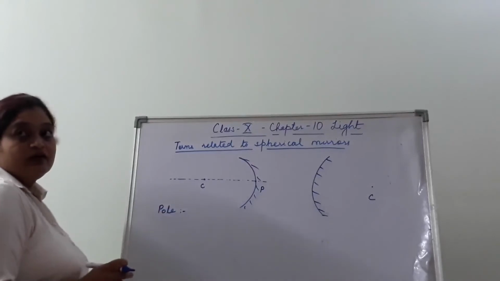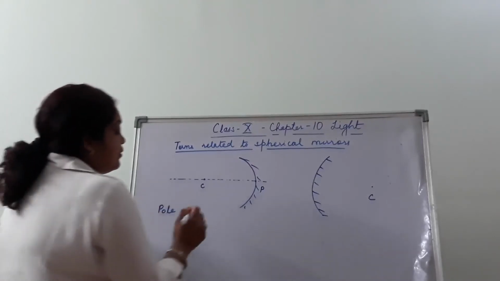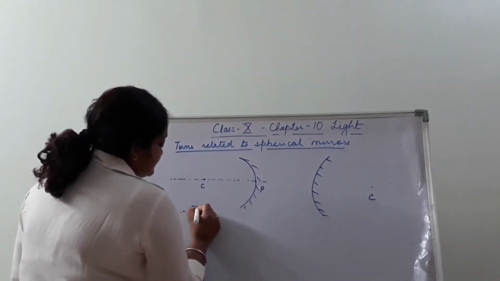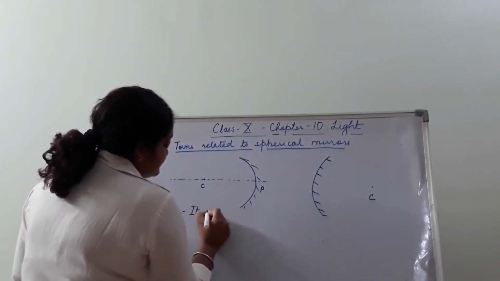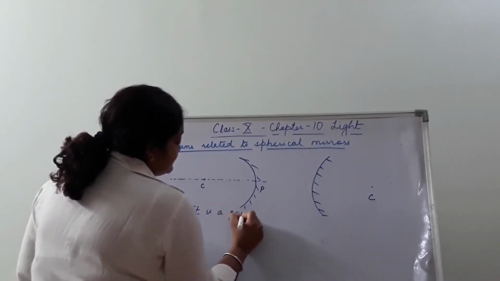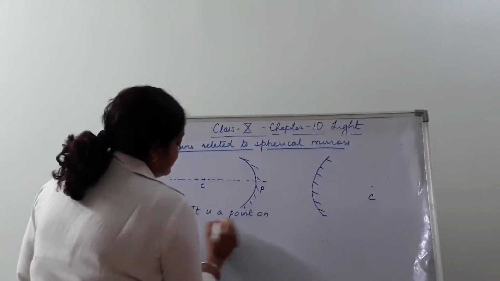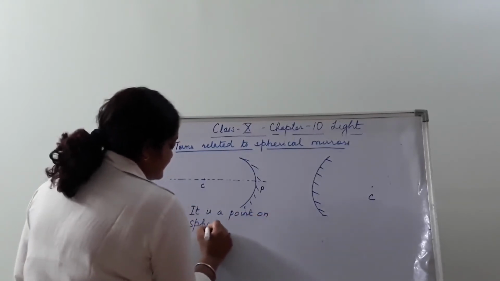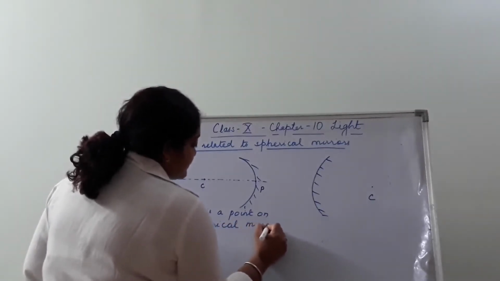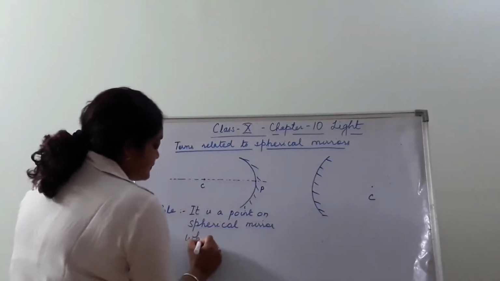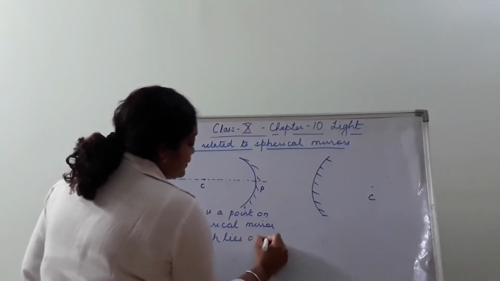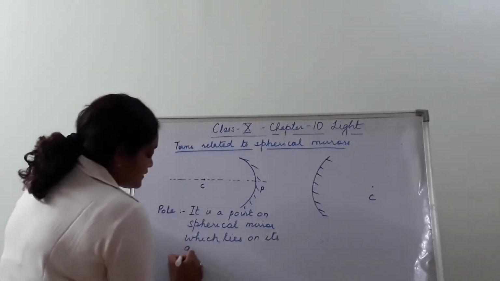So pole is a point on the spherical mirror which lies on its geometrical center.